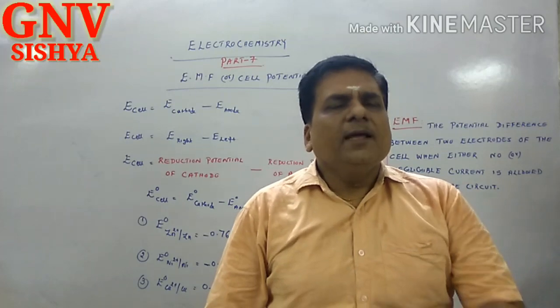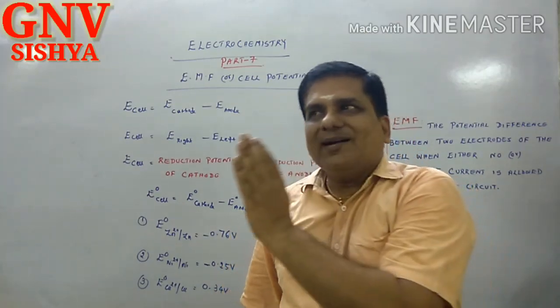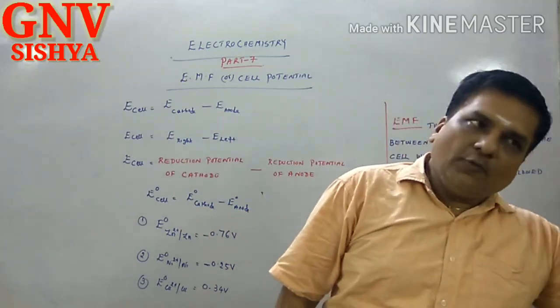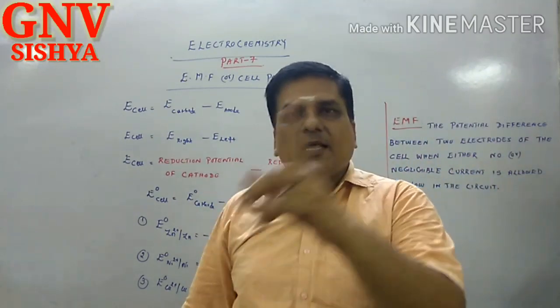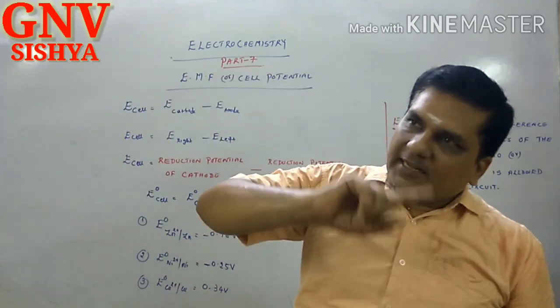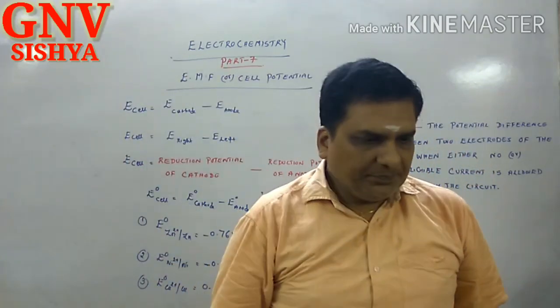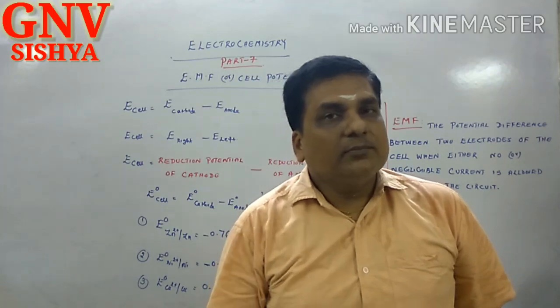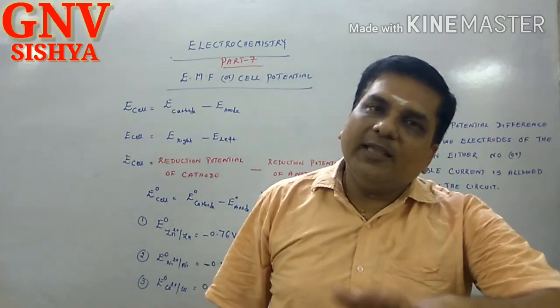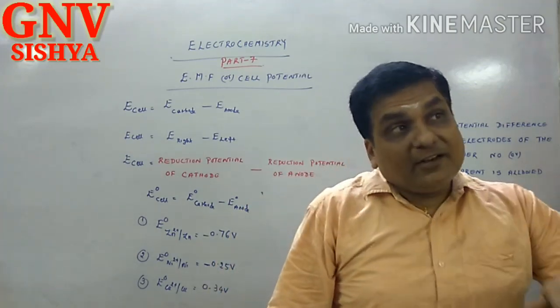Now you can really know the reason for the transfer of electrons from one end to another, the flow of current from this side to that side. Remember, if electrons flow from left to right, current flows in the opposite direction. When there is no current flow, electrons will not flow.